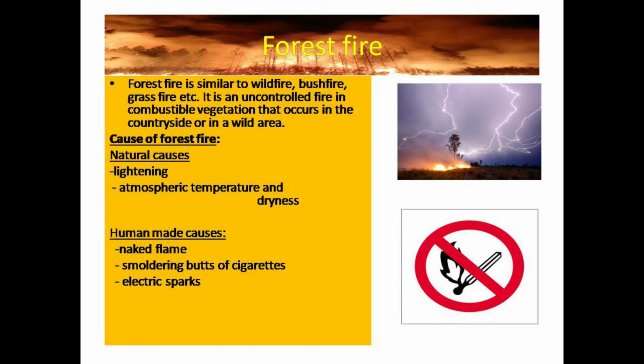What is a forest fire? Forest fire is similar to wildfire, bush fire, grass fire, etc. They are all the same phenomenon, depending on the type of vegetation being burnt. It is an uncontrolled fire in combustible vegetation that occurs in the countryside or in a wild area.